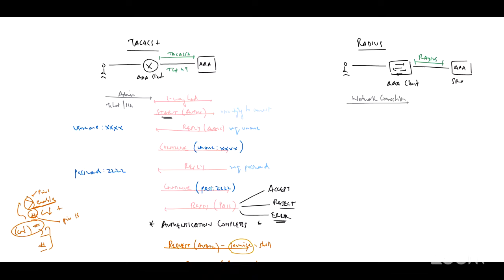Okay, the NIC enables wired, wireless, whatever. This causes the switch to initiate the RADIUS communication. So it will send a RADIUS access request.